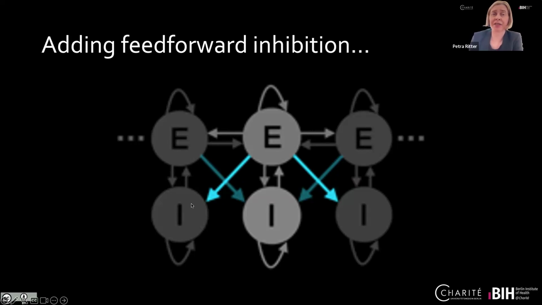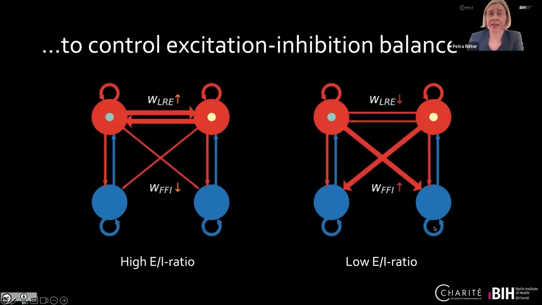What was new was that we also included feed-forward inhibition. So there's not just the excitation, but there's also excitation going into the inhibitory population, which leads to feed-forward inhibition. So the effect would be inhibitory. And with this, we can actually create a ratio of long-range excitation and feed-forward inhibition. And this looks like this.